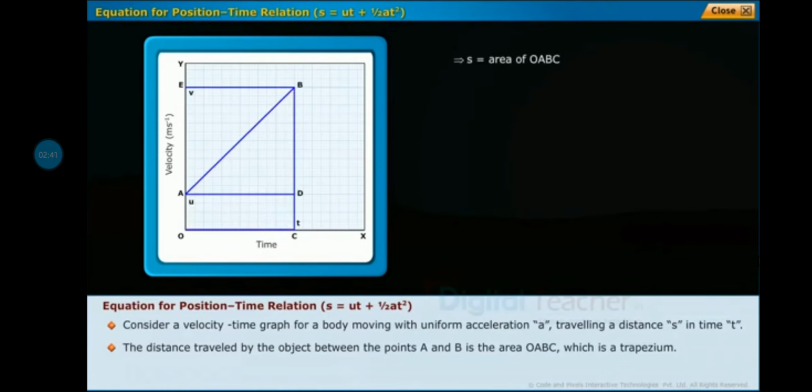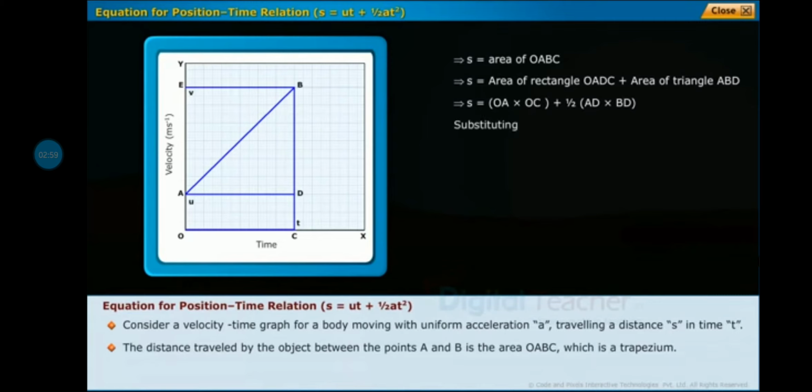This implies s is equal to area of OABC, which is equal to area of rectangle OADC plus area of triangle ABD. This implies s is equal to OA into OC plus half AD into BD.